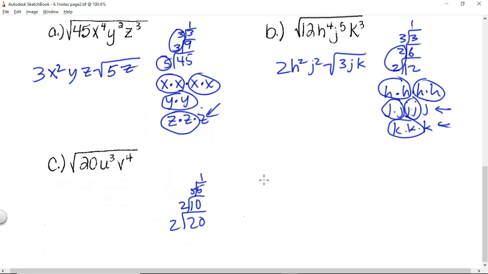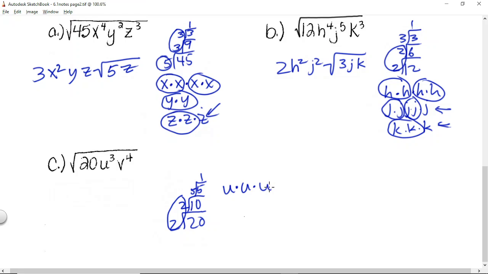Okay, so we can see our group of 2 2's. And we have a 5 that will go inside. But we also need to figure out these variables. So let's look at that right here. Well, we have u to the 3rd power. And so that's u times u times u.